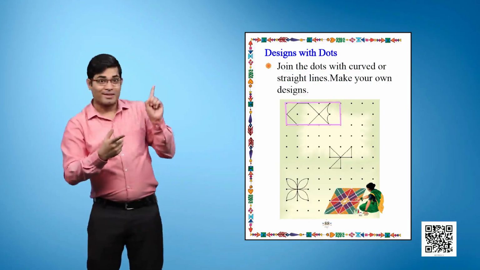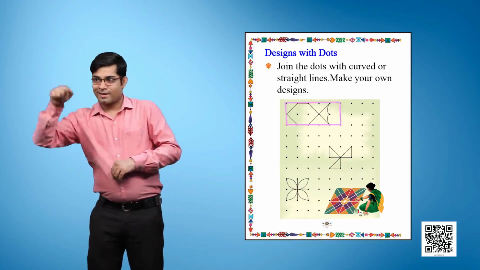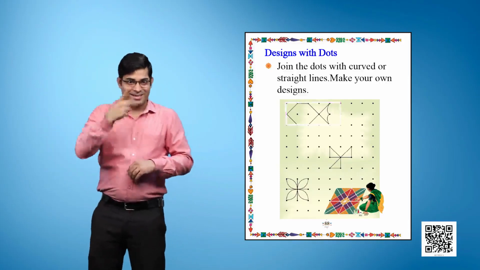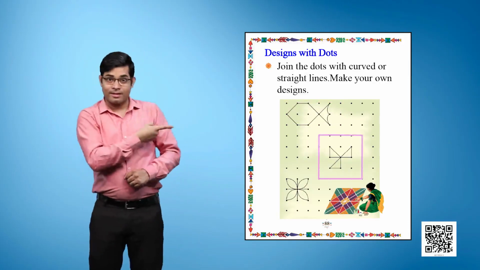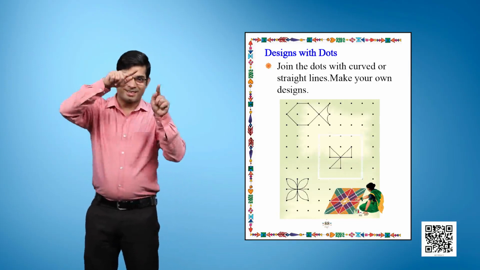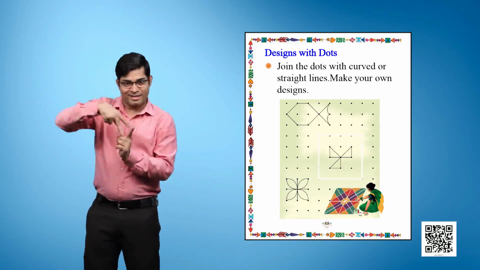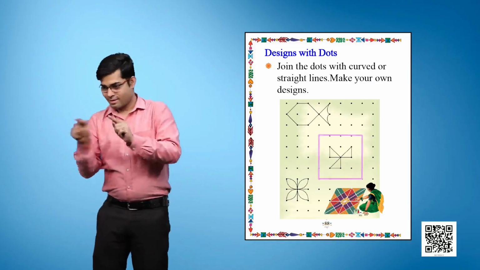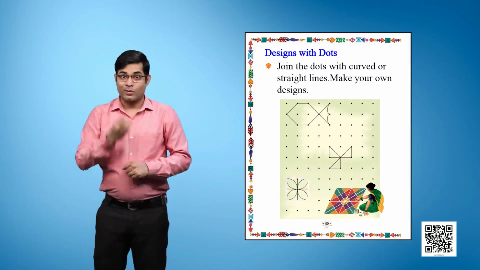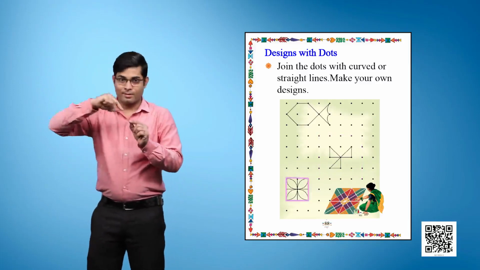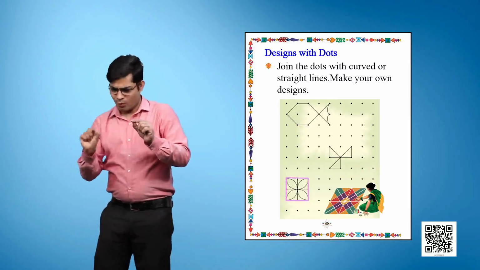In the left top corner, a picture of fish is made by joining dots with curved and straight lines. In the middle of the board, 3 triangles joined at one point is made by joining dots with straight lines. In the left bottom corner, a 4-petal flower is made by joining dots with curved and straight lines.